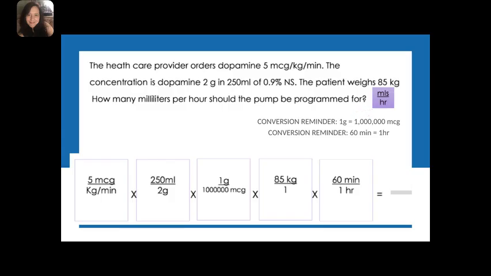Then I'm going to move to the dopamine, 2 grams in 250 mils. Now, in previous ones, particularly the drops per minute problem, we did not look at the concentration. But in this case, I am.